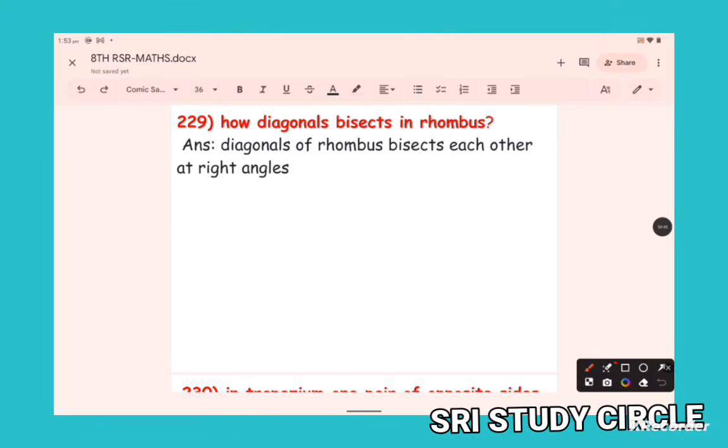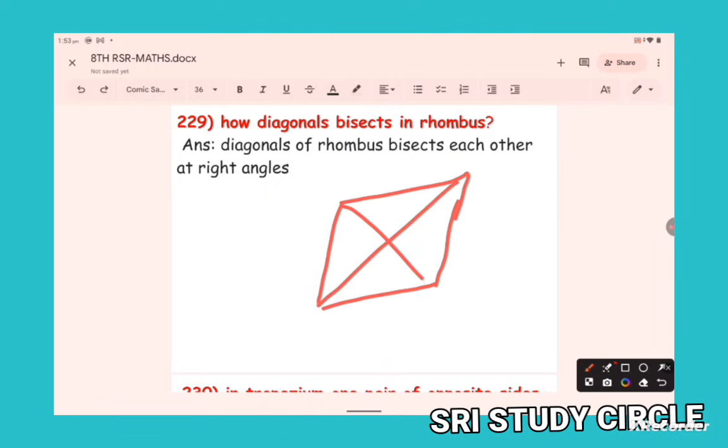How do diagonals bisect in a rhombus? The diagonals of a rhombus bisect each other at right angles, that means they are mutually perpendicular bisectors of each other.